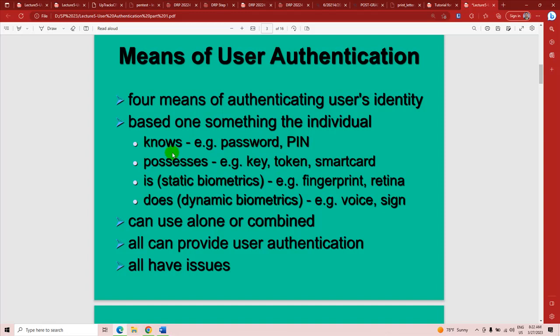When we use more than one, it would enhance the security instead of relying simply on a single identity based authentication. If we go for multiple identity based authentication, then the security would be improved, enhanced.